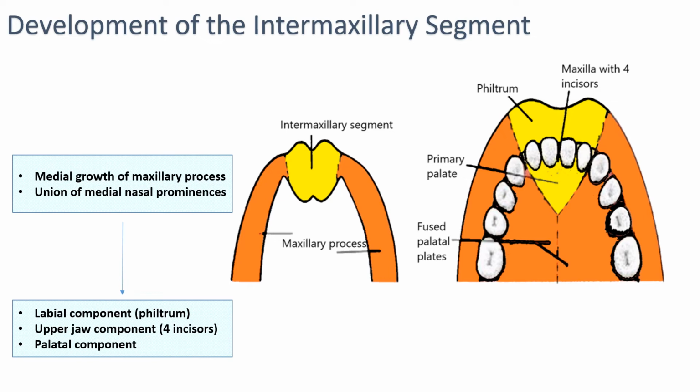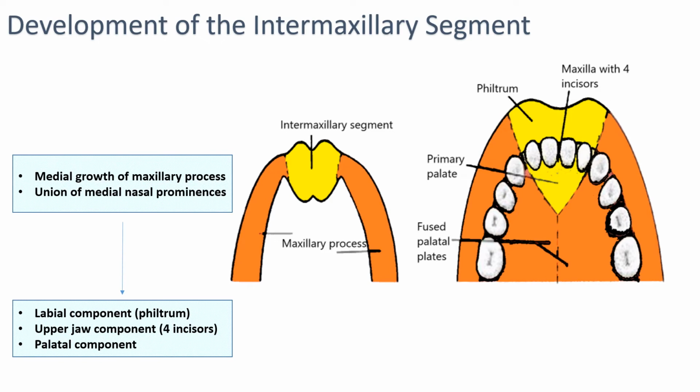Firstly, it has a labial component that will form the philtrum of the upper lip. It has an upper jaw component, which holds the four maxillary incisors, and it has a palatal component that is going to contribute to the triangular-shaped connective tissue plate back here, the primary palate, that we will get into in a moment.